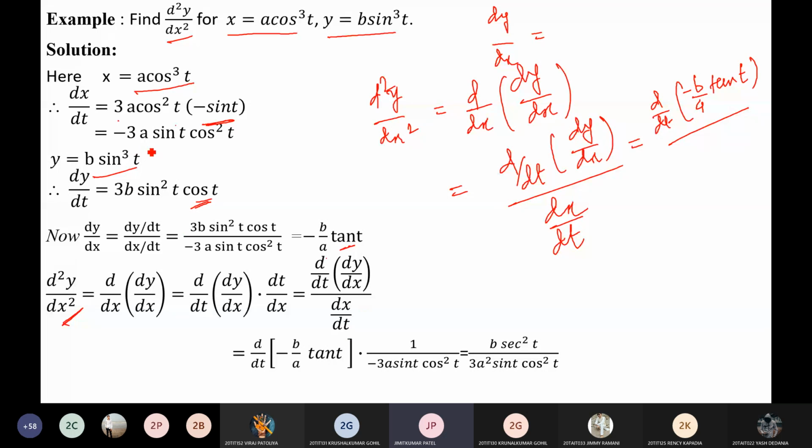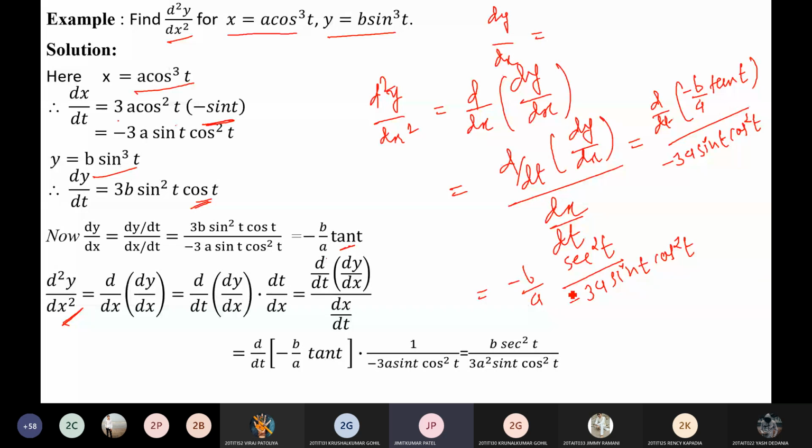It is already there: minus 3a sin t into cos square t. Now if you put minus b by a outside, what is the differentiation of tan t? Sec square t. Yes, sec square t divided by minus 3a sin t into cos square t.